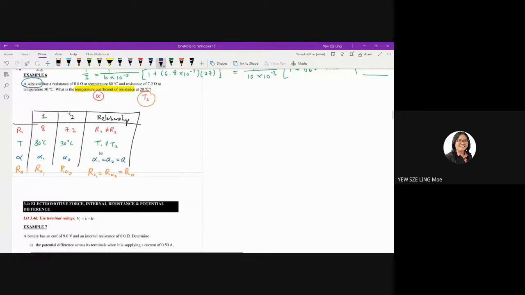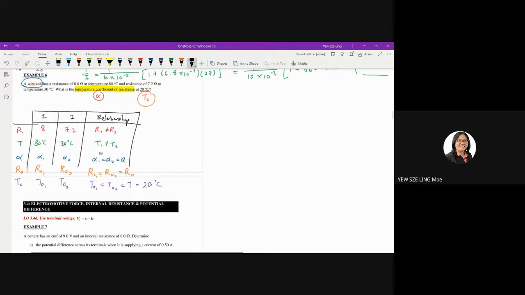Well, yes, because I'm looking at the same thing. So initial temperature for 1 and for 2 should be equal because you're looking at 20 degrees C. So T naught 1 equals T naught 2 equals 20 degrees C. That is what I do know right now.